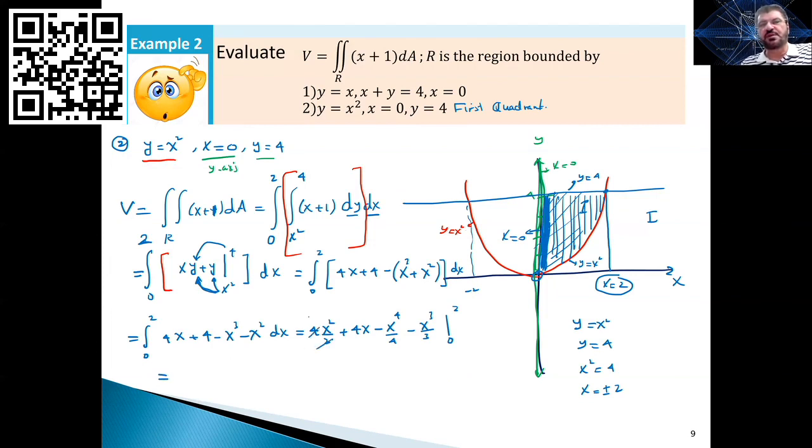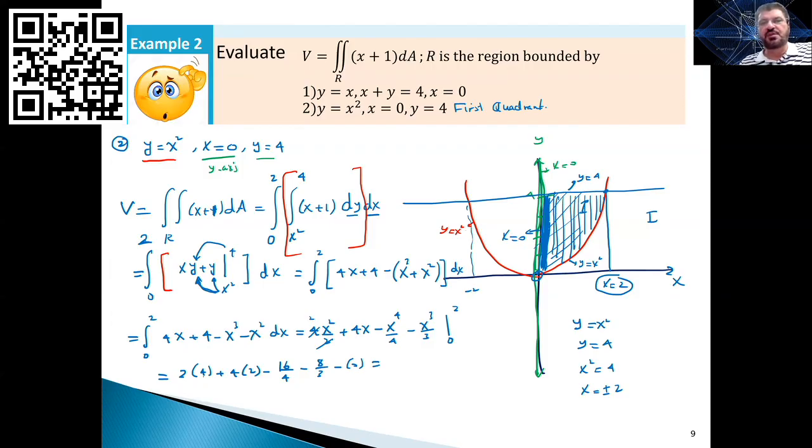So you have 2 times 2 squared is 4, plus 4 times 2, minus 2 to the 4 is 16 over 4, minus 2 to the 3 is 8 over 3, minus, now if you put the zeros, you would get nothing but 0.